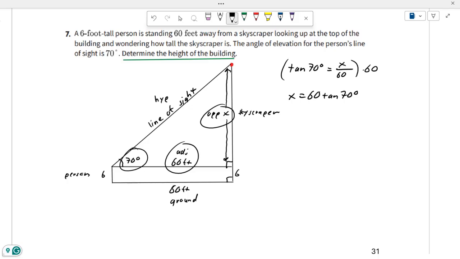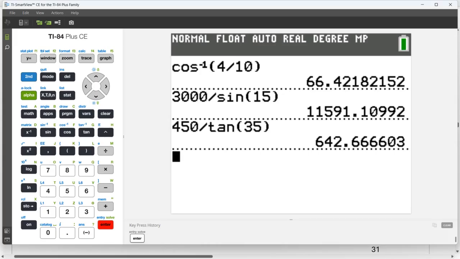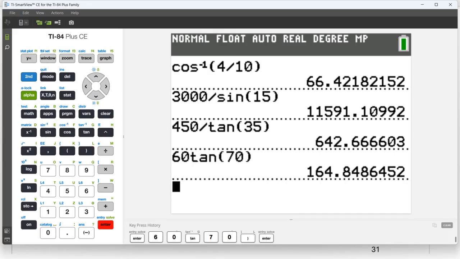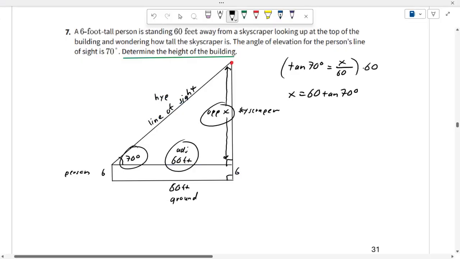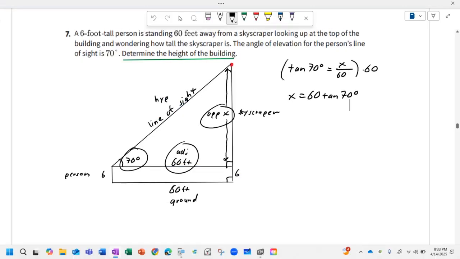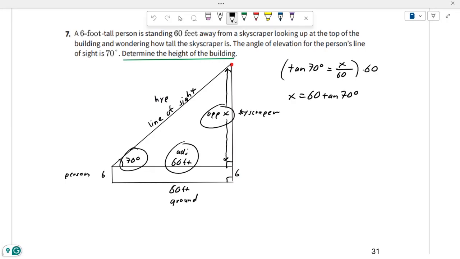When I type that in, I end up getting 164.8.